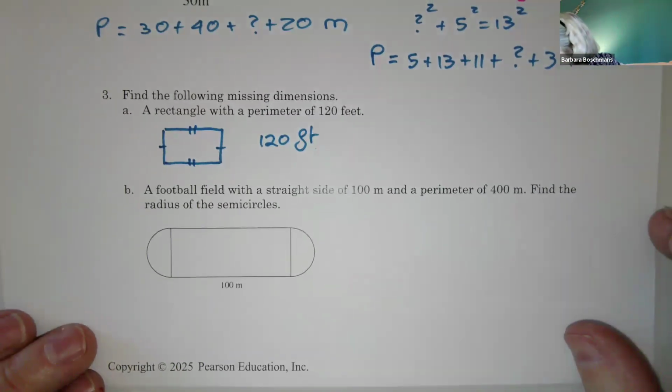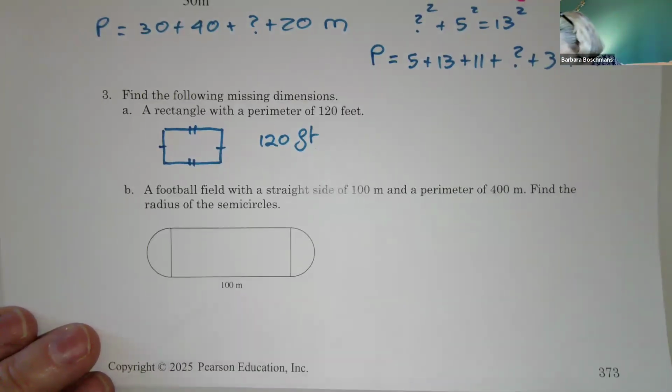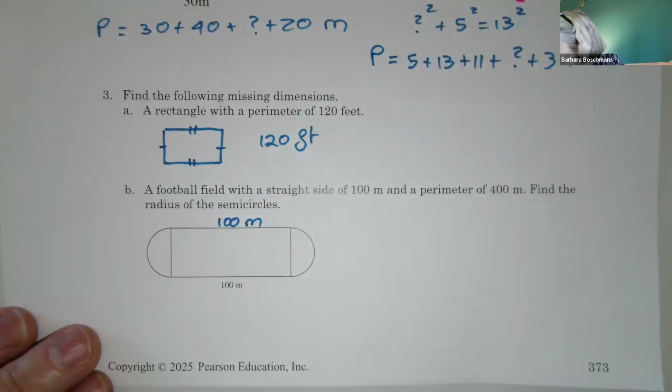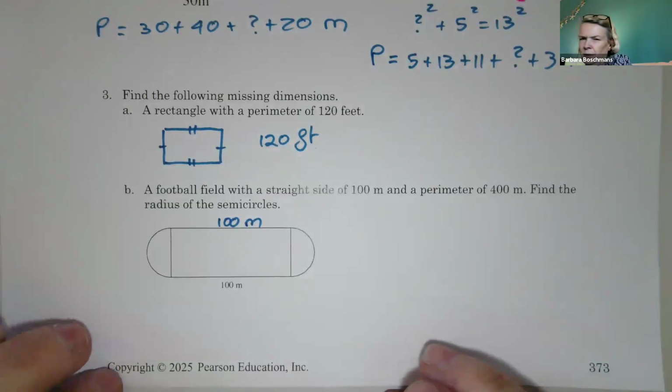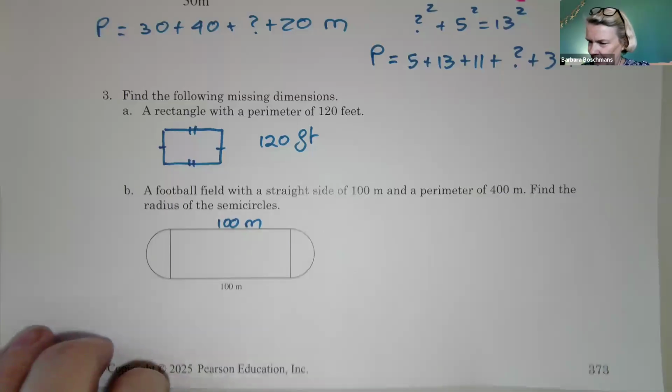A football field with a straight side of 100 meters and a perimeter of 400 meters. So this is 100 meters. The perimeter, we're going to again assume that that is the distance around.